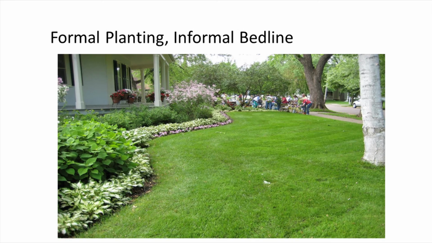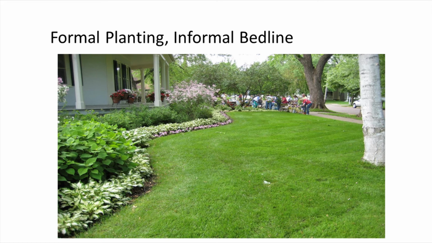Here's another case. This is a historic house that's actually now a museum. It's an octagon shaped house on a historic road in downtown Hudson, Wisconsin. The house can handle a formal landscape because of its era, because of its history, and it can also handle the informal components that you see here.